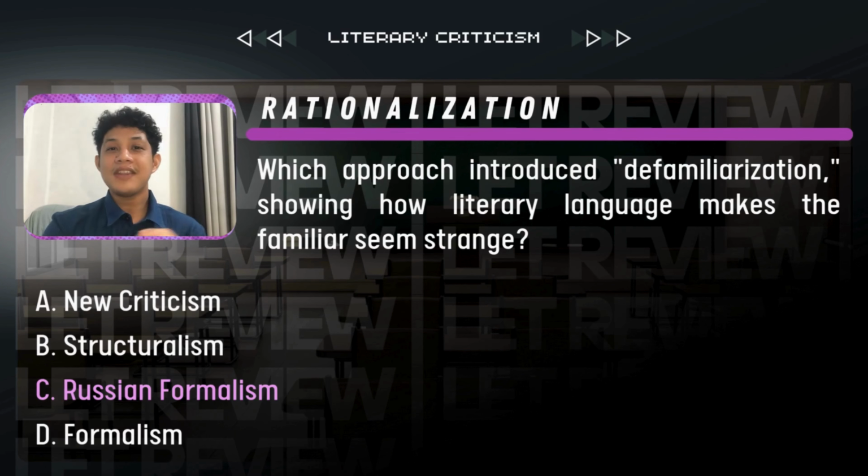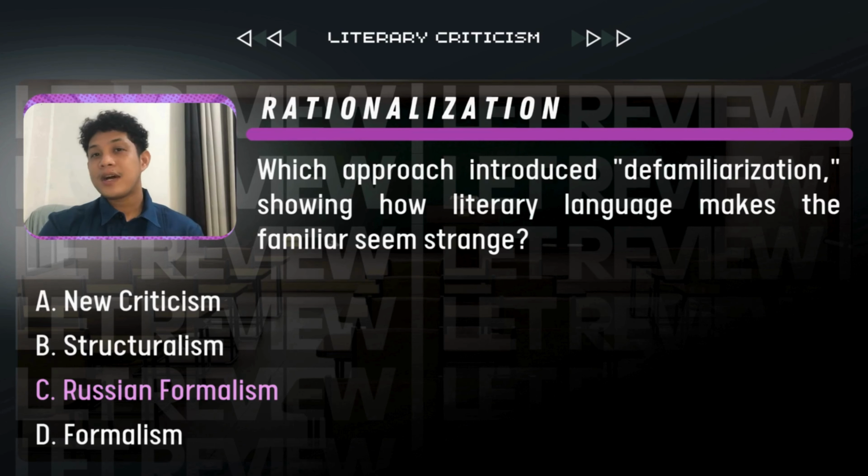Okay, so on the other hand, the other choices are wrong because letter D, formalism, is a broader term. But to be specific, Russian formalism specifically developed defamiliarization. So formalism is the broad term, while Russian formalism is more focused on defamiliarization. And letter A, New Criticism, focuses on close reading and the unity of text, but does not specifically focus on defamiliarization as a technique.